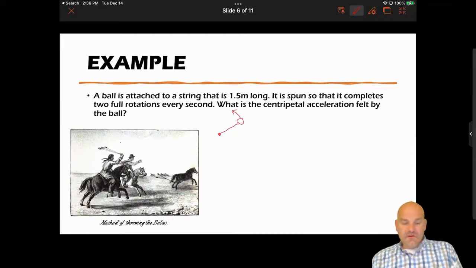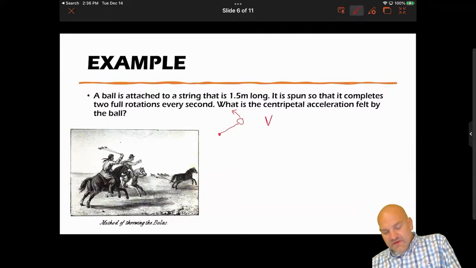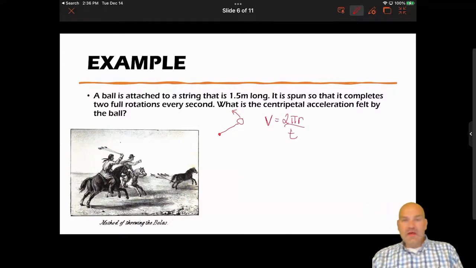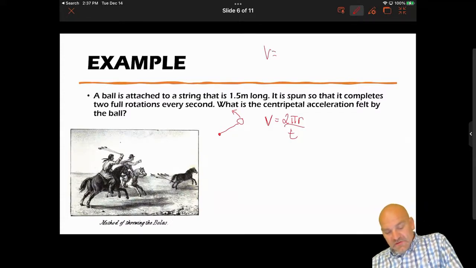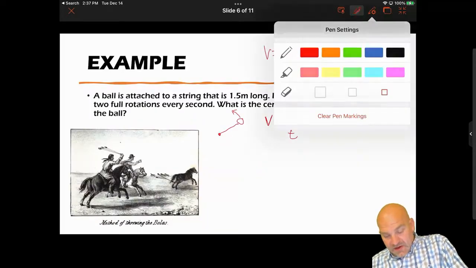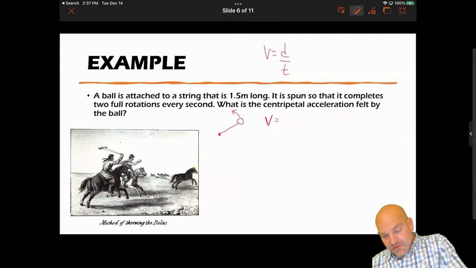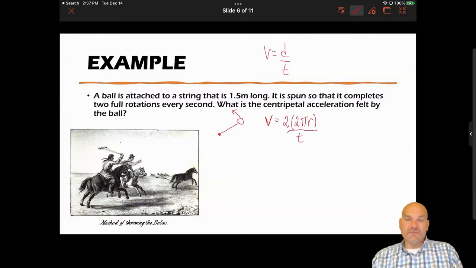So the first thing we need to do is find the speed in that time. We're still going to do distance over time, but what I actually need to do here is erase that real quick, because I'm going to do 2 circumferences in that time frame.